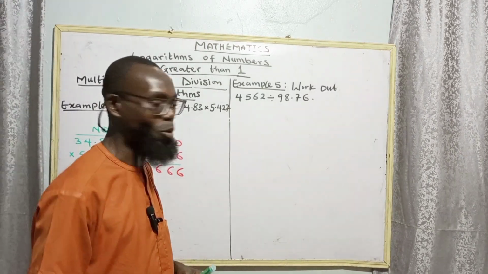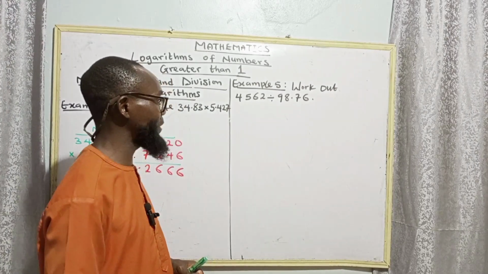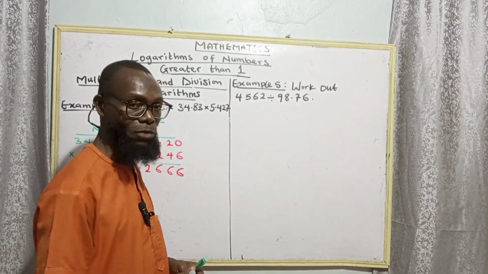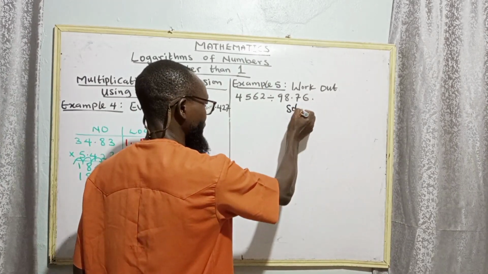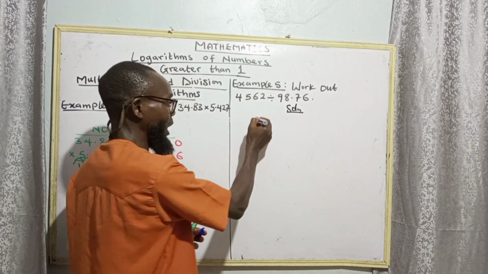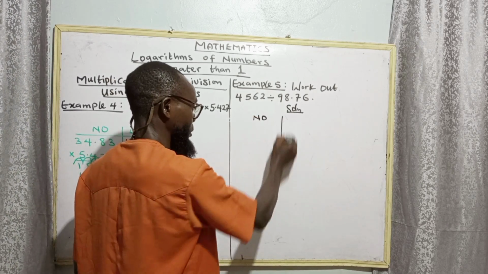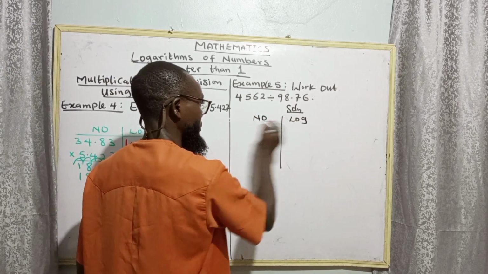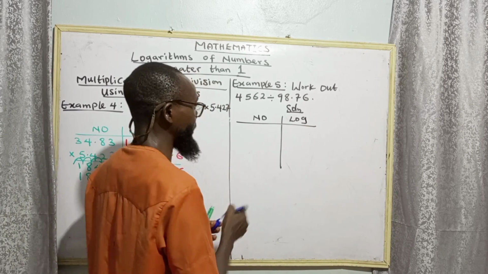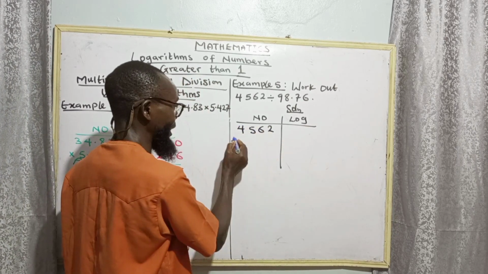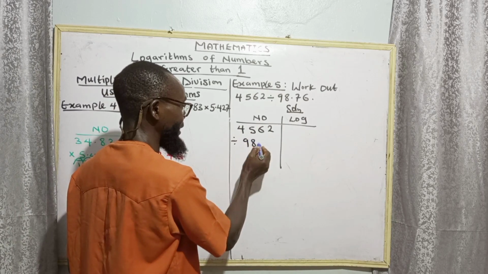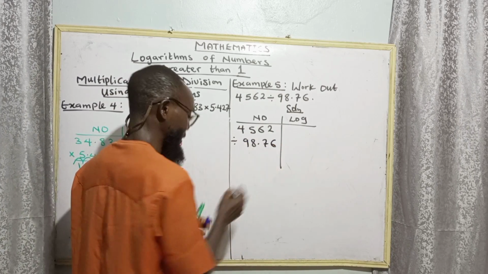Example 5. Work out 4562 divided by 98.76. Don't forget, we are dealing with logarithm. So to work it out in terms of logarithm, we have number and log.